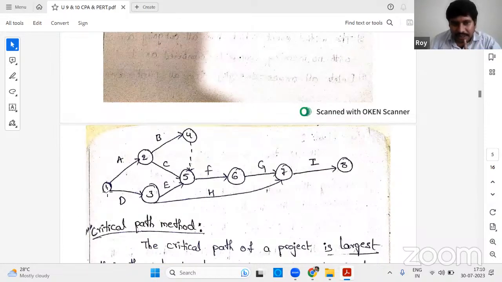Every node has one starting point and one ending point. A and D have the same starting node because they don't have any predecessor. Since 1 to 2 is done for A, the next number should be 3 for D, not 1 to 2 again. Till here, does everybody understand the first task?